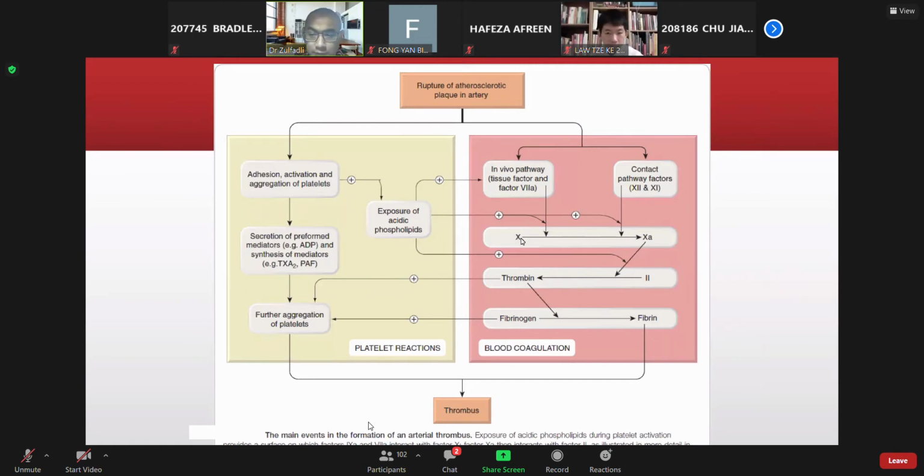Factor 10 is converted into factor 10A, and factor 10A is needed to convert factor 2 to thrombin. Thrombin is needed to convert fibrinogen to fibrin, and the combination of fibrin and platelets forms the blood clot and stops the bleeding. So this physiology schematic diagram shows you how blood clotting or thrombus happens.